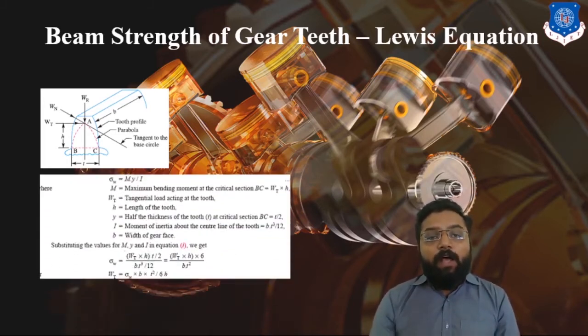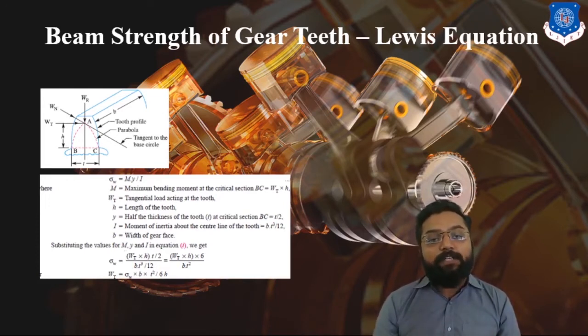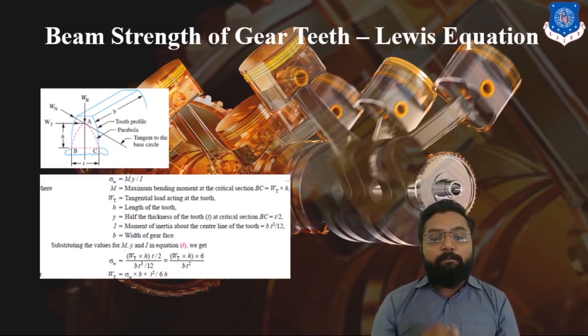So here, if I'm considering Wr as our driving force, then I have to consider compressive stress theory. But when I'm considering Wt as our driving force, our thrust force, then that is our criteria for bending stress. So our equation will be M by I equals sigma upon Y, the classical equation for bending stress.